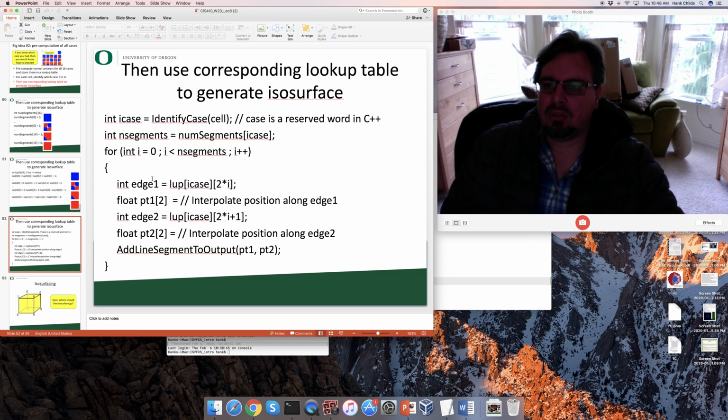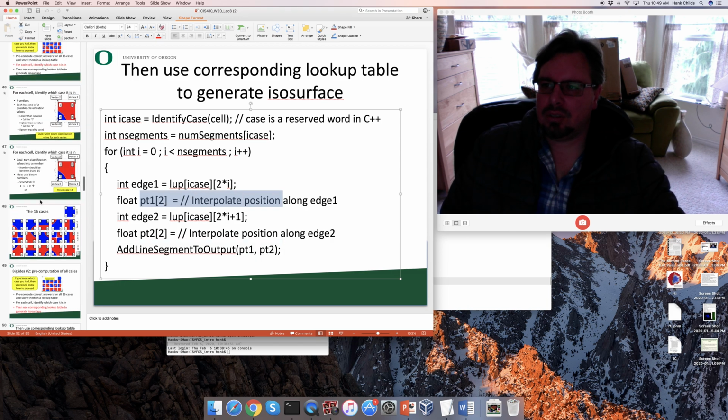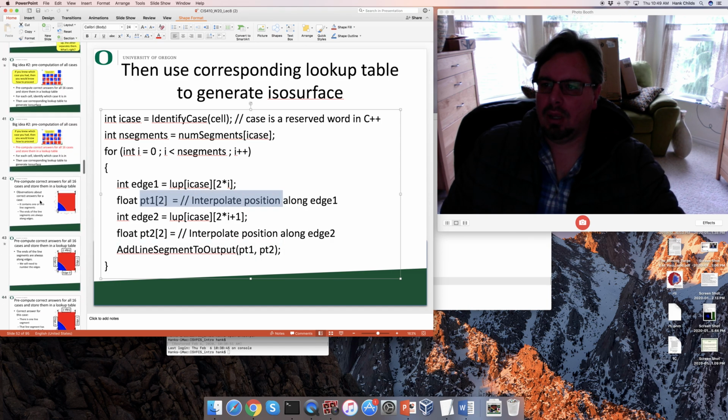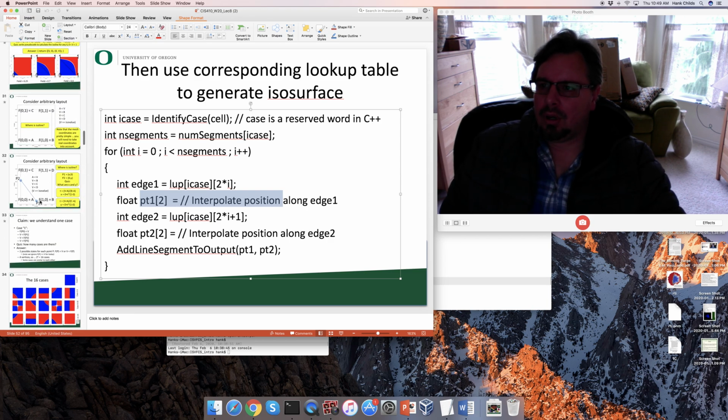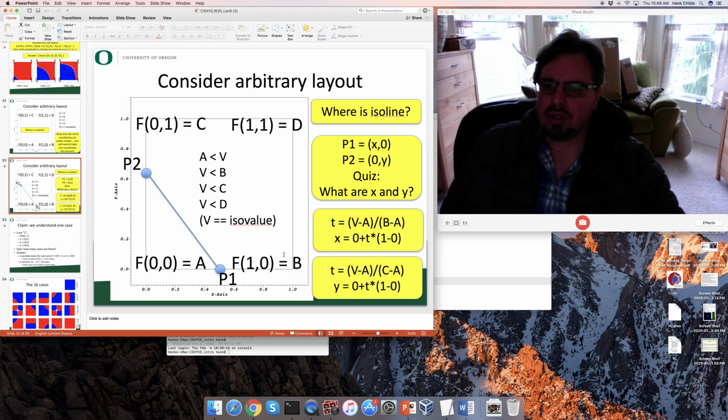We see how many segments there are, and then for each segment, we figure out which edge it's on, and then we interpolate the position along the edge, and then we do it again, and we've gotten 2 points, and then we call a function I added for you, which is add line segment to output, for the 2 points. Maybe it has a somewhat different name, but you can look through the code and figure out the exact name. And then this interpolate position along edge stuff is what we already talked about before, where we were solving the positions of the points.